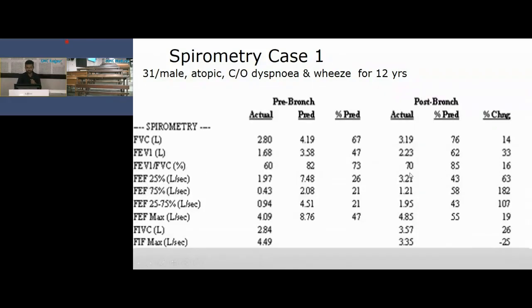The FEV1 by FVC value is less than predicted, that is 70%, and FVC is normal, but FEV1 is low, and post bronchodilation changes show more than 12% reversibility. So it is likely bronchial asthma. As history also suggests, the patient is a 31-year-old male with atopic complaint of dyspnea and wheeze for 12 years. So from this spirometry, we can say the patient has bronchial asthma.